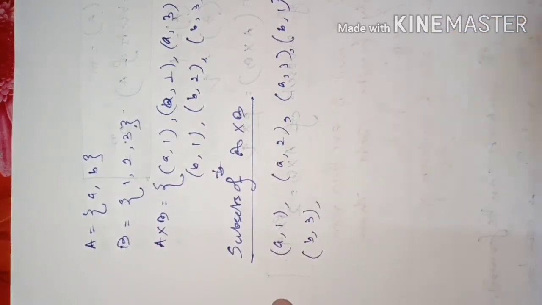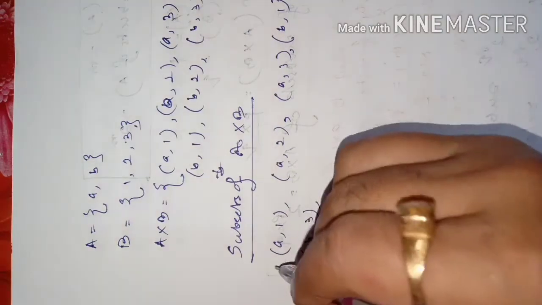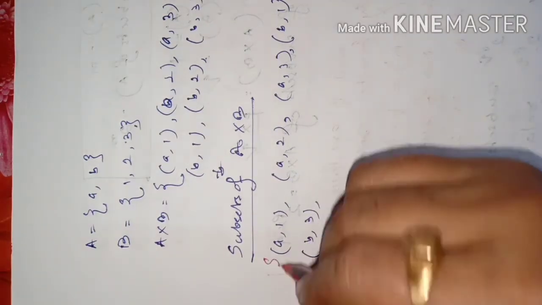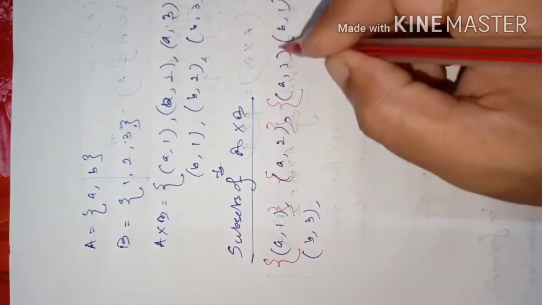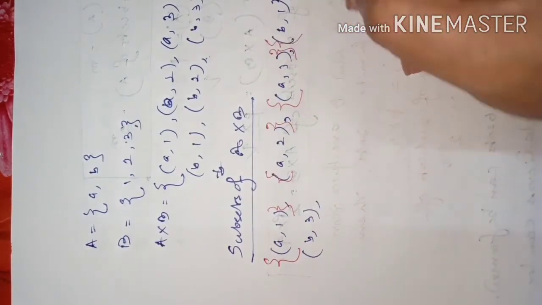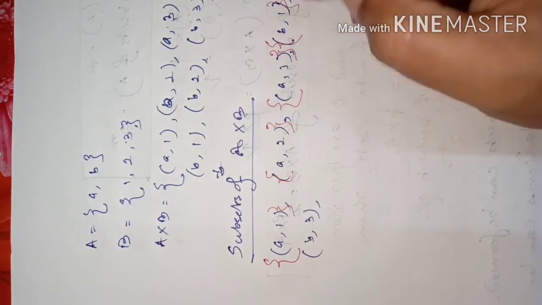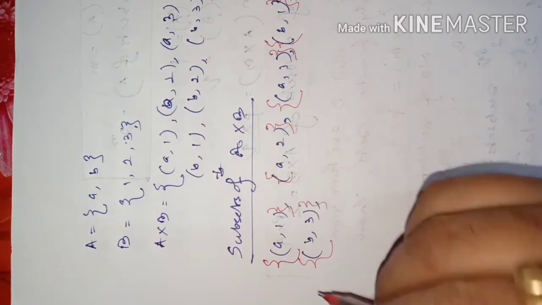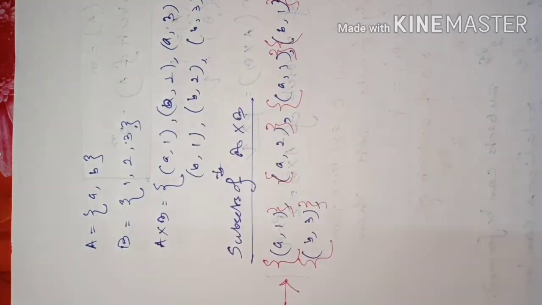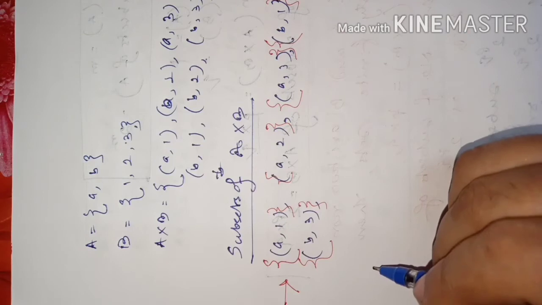Every ordered pair is an element. All these are subsets taking one element. Now taking two elements, you form subsets like this.